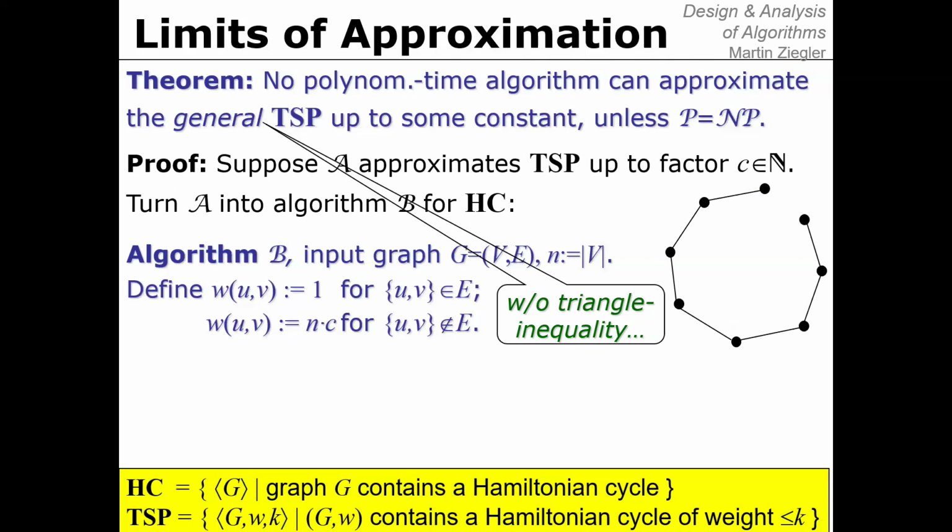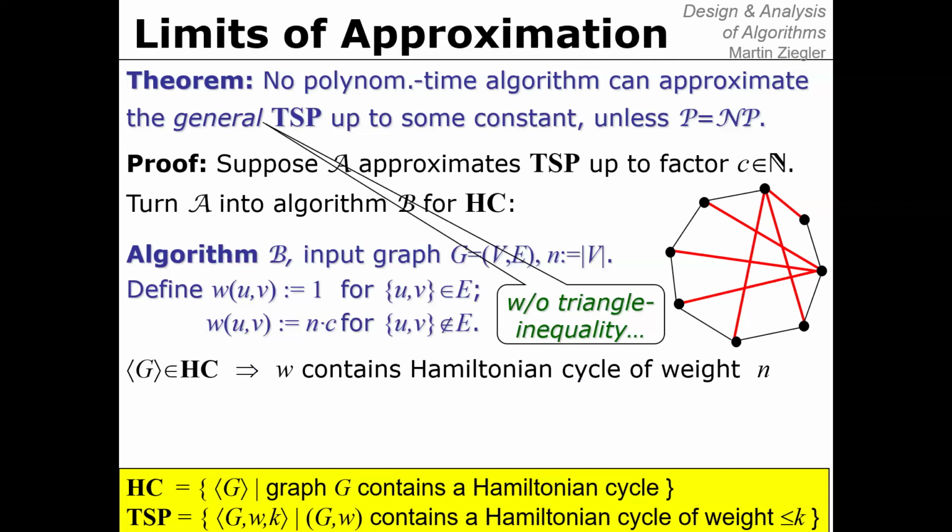Black edges have small weight 1, and making it a complete graph, the edges it introduces, the red ones, get very large weight. So it is possible to use these edges for a Hamiltonian cycle, but it costs a lot to use even just one of these red edges.